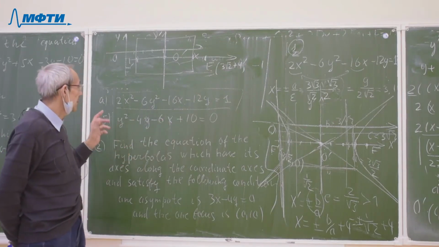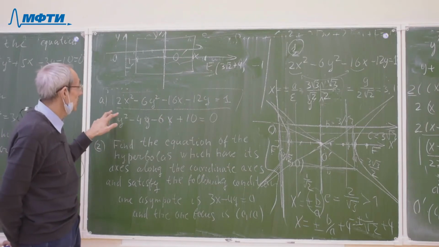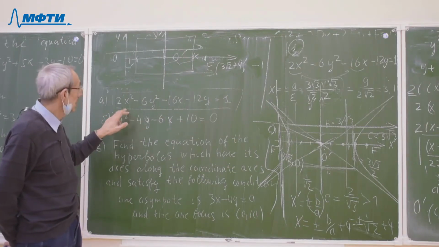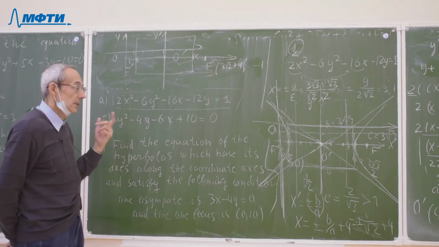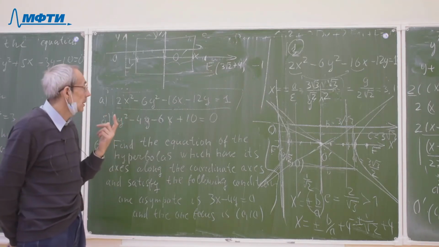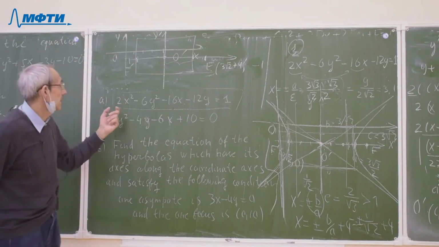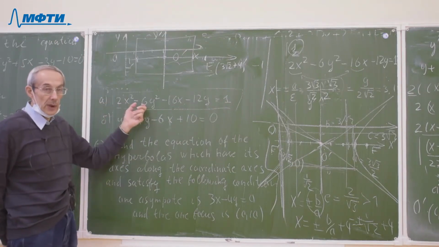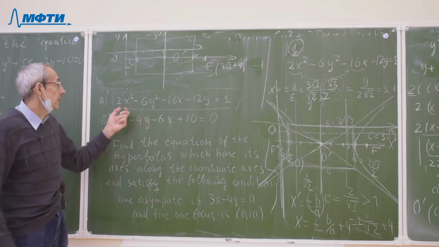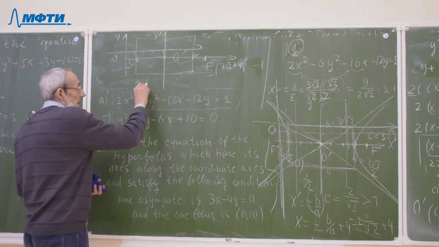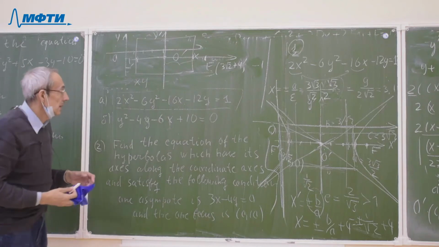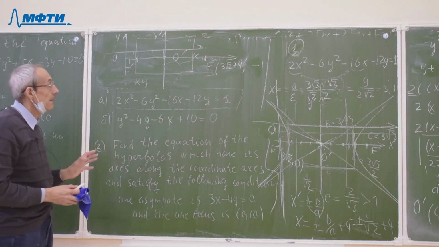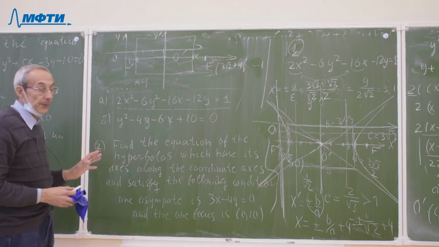And if our equation has no term xy, only second order terms which are the square of x and the square of y, and the term with xy is absent, in this case we can use only a shift.